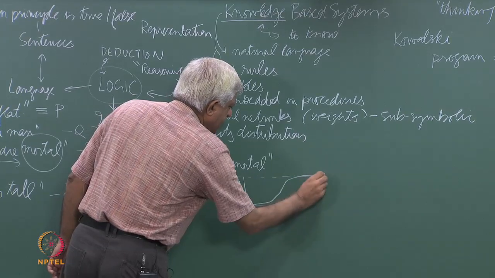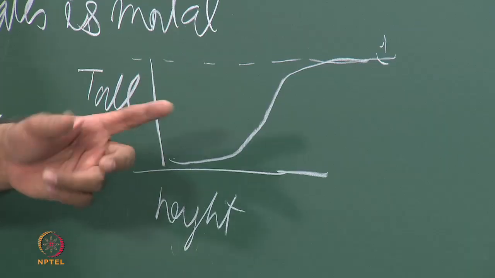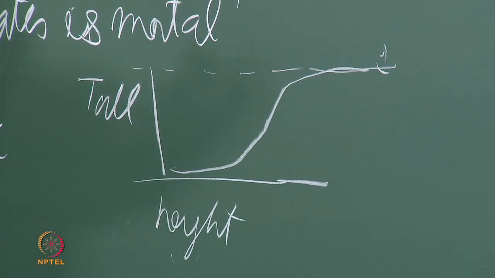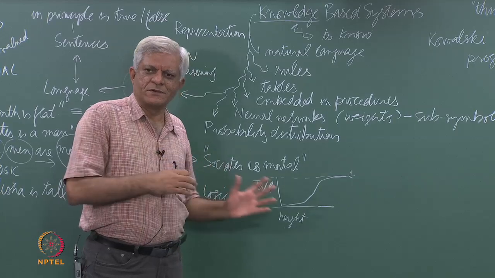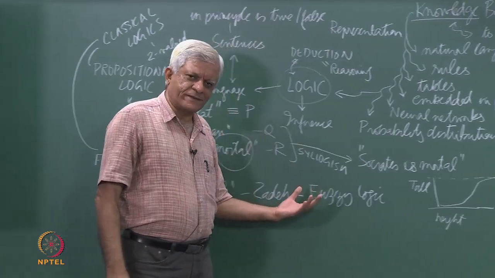Now, at some point it becomes 1, but there are regions where you have different amounts of commitment to this belonging to this set. So, set membership or fuzzy sets.